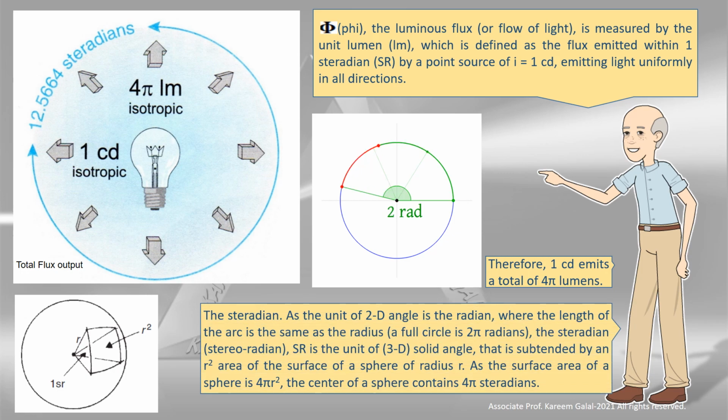As the unit of 2D angle is the radian, where the length of the arc is the same as the radius, a full circle is 2 pi radians. The steradian, SR, is the unit of 3D solid angle, that is subtended by an r² area of the surface of a sphere of radius r. As the surface area of a sphere is 4 pi r², the center of a sphere contains 4 pi steradians.